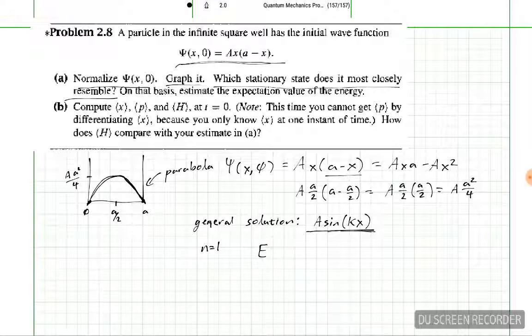So I'm just going to use the solution we had before for our energy. What this is most resembling here, so this is where k equals n times pi over a, and then from our Schrodinger equation, since we have the second derivative of our function times our function equal to energy times our function, we get our k out squared, and that's where we get it out here.